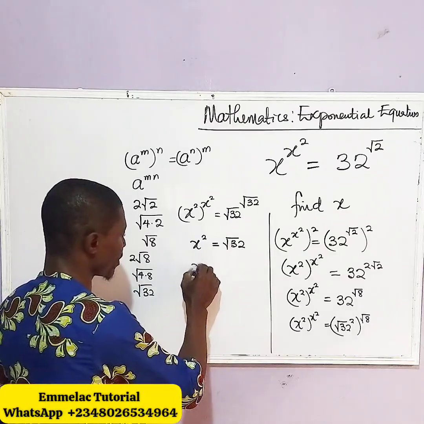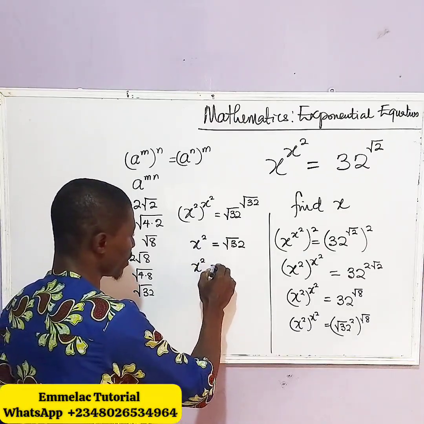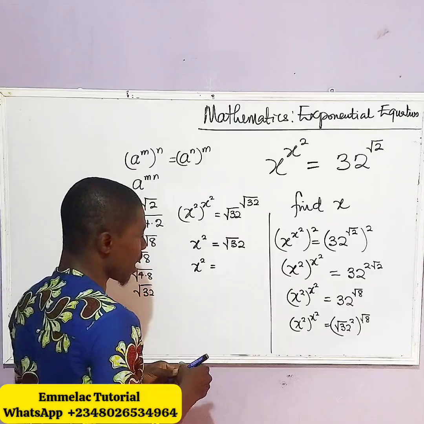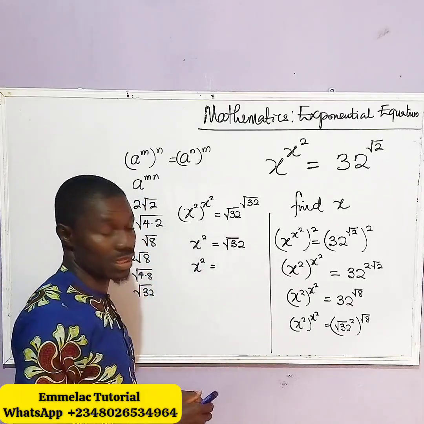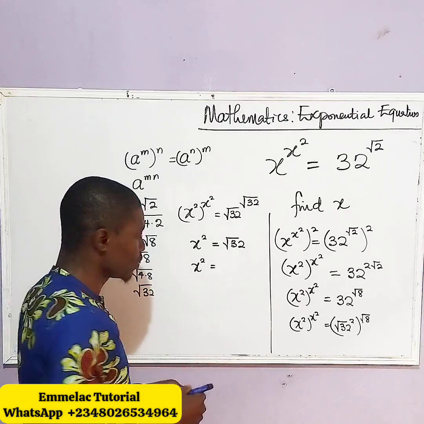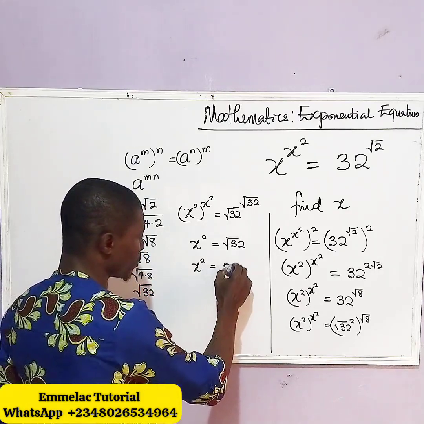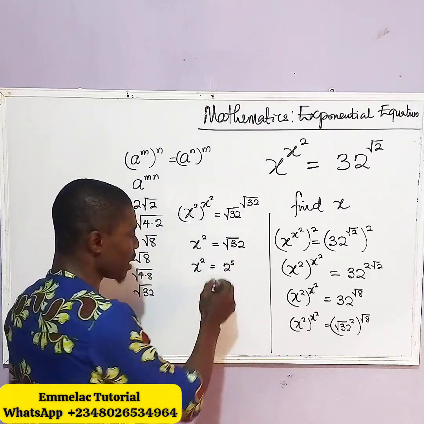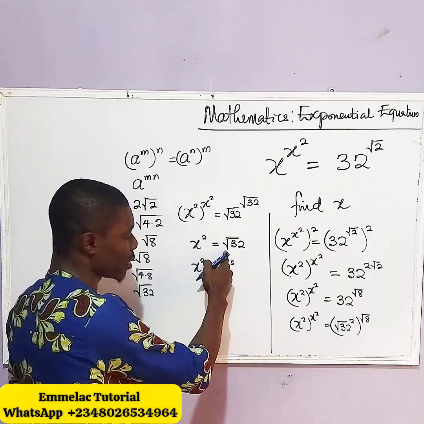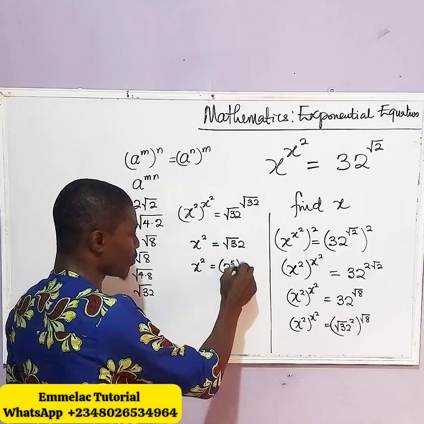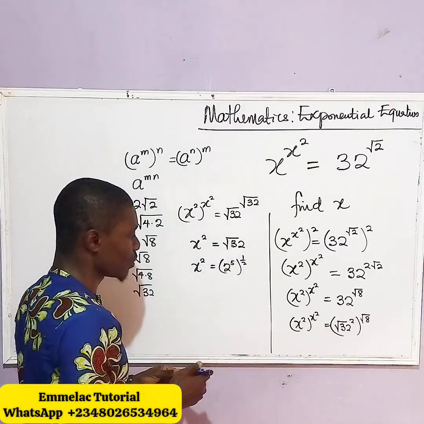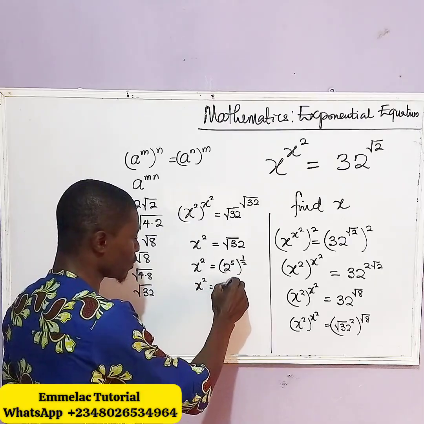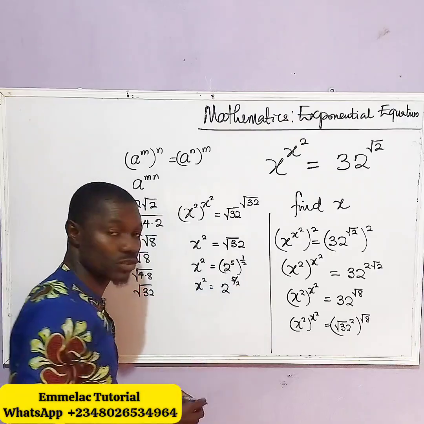Okay, and we have that x raised to the power of 2 equals, changing this into exponents and reducing 32 to a base of 2, 2 raised to the power of 5 for 32. Then this radical here becomes 1 all over 2. Now giving us x raised to the power of 2 equals 2 raised to the power of 5 all over 2.